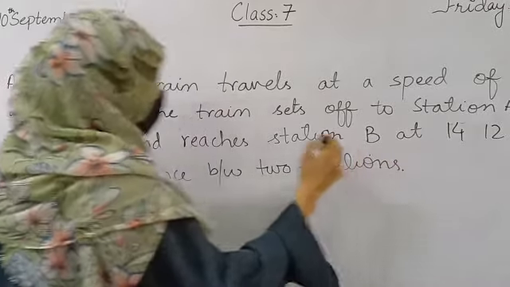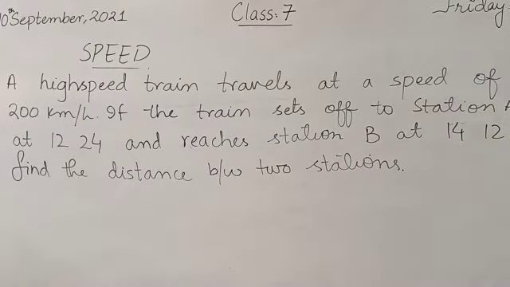Okay? This is the problem. A high-speed train travels at a speed of 200 km per hour. If the train sets off to station A at 12:24 and reaches station B at 14:12, find the distance between two stations.